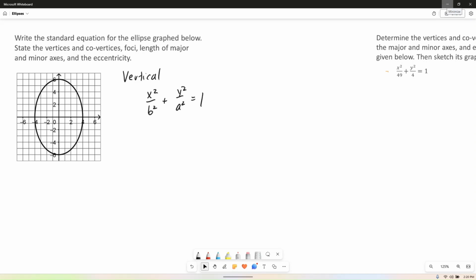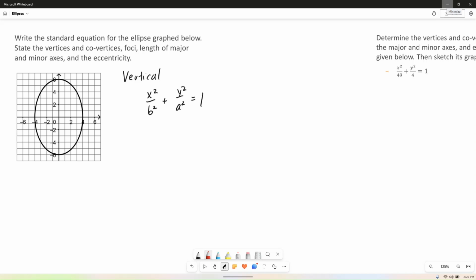In order to write the equation and figure out any of the key characteristics, we need to figure out the values for a and b, as well as the value for c. a is the largest radius. It's the distance from the center to the furthest point on the ellipse.